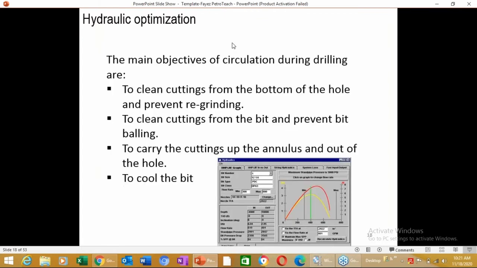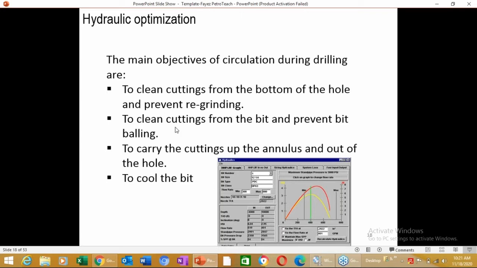We are going to talk about the hydraulics. While we are drilling, we have to consider very good hydraulics because we need to clean the cuttings from the bottom of the hole to prevent regrinding the cuttings.